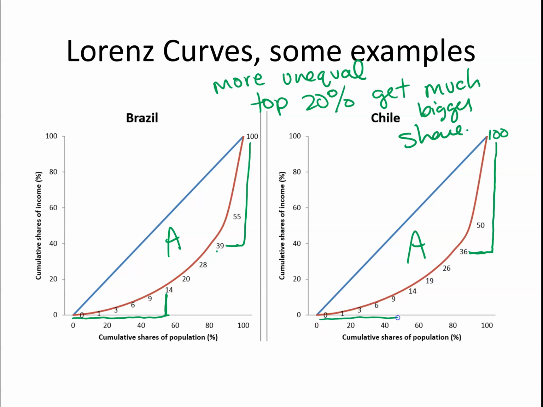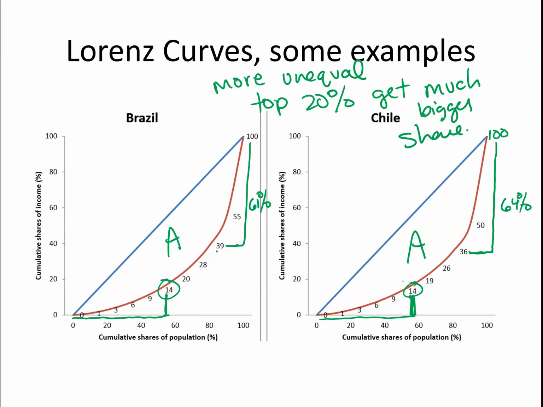So the bottom 50% only get 14% of the total income, right? And the top 20% here is 64%, and here is 61%. So very unequal compared to the previous cases.